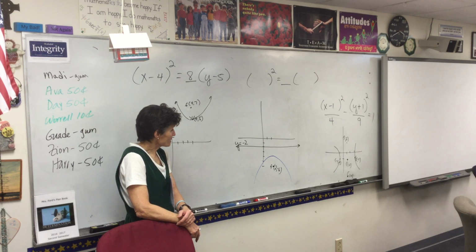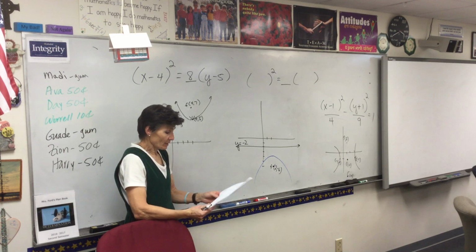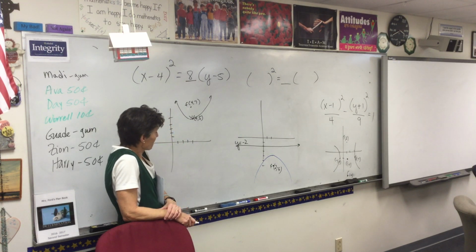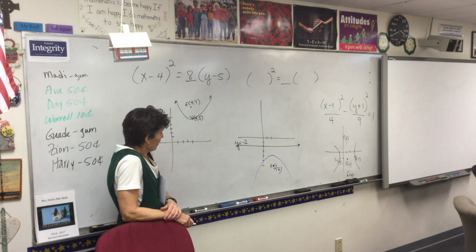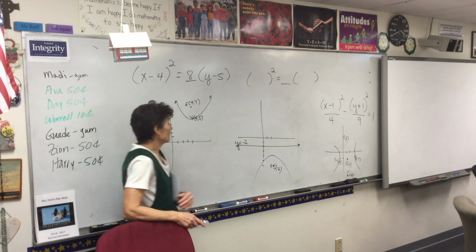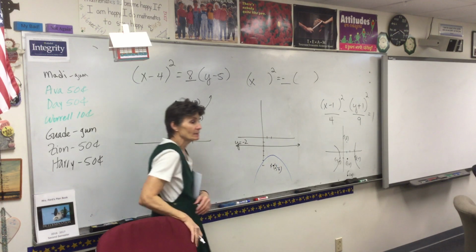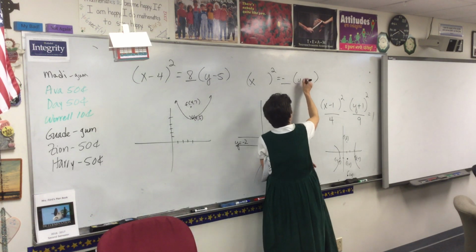We're in our practice test, guys. We're on the last problem on the back of the front page of the first practice test. All right, if it opens down, I know a couple of things. First of all, I know x is squared, and I know that number's negative if it opens down.